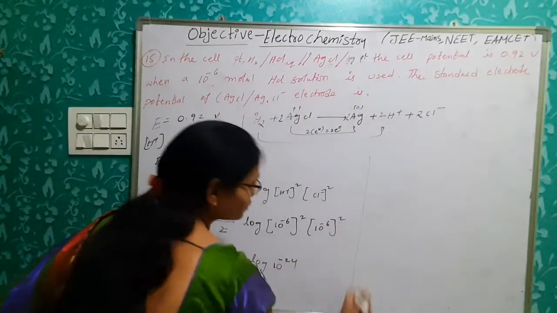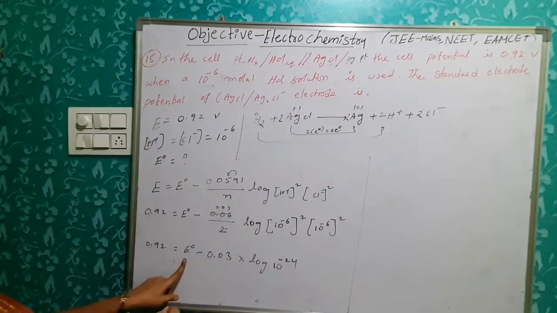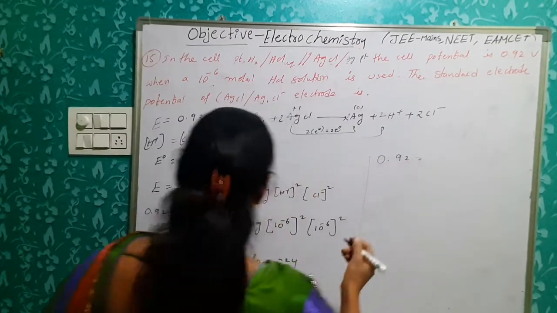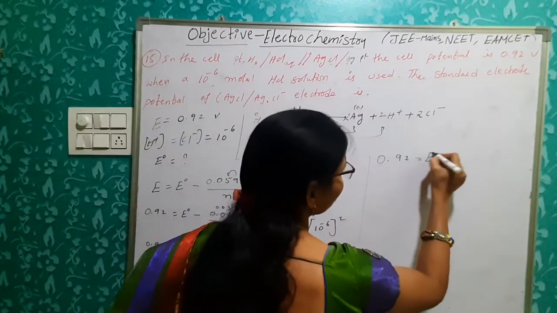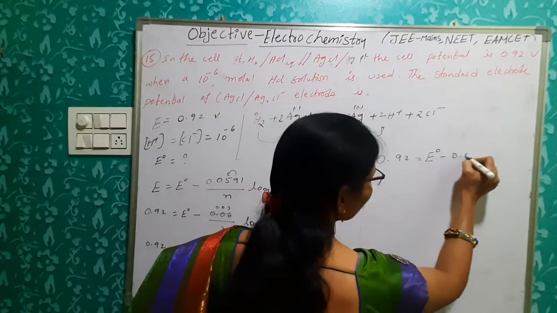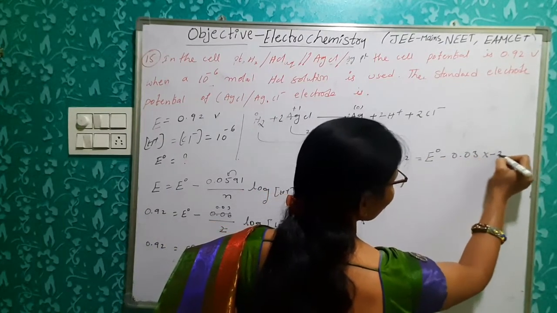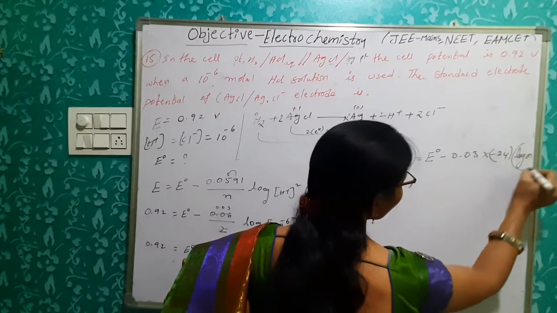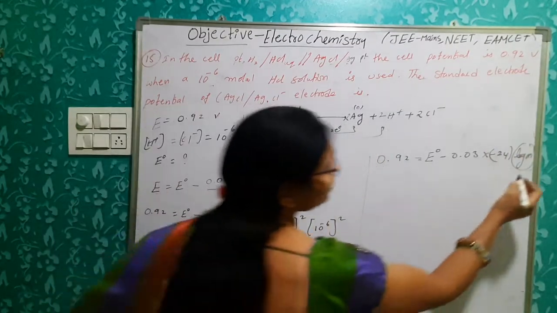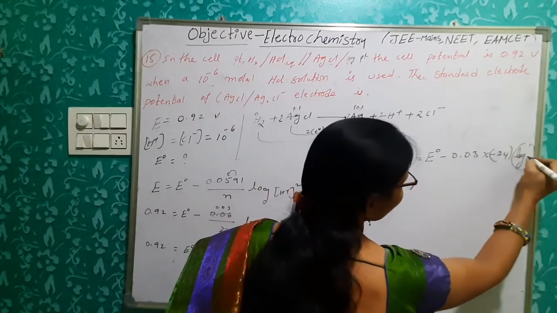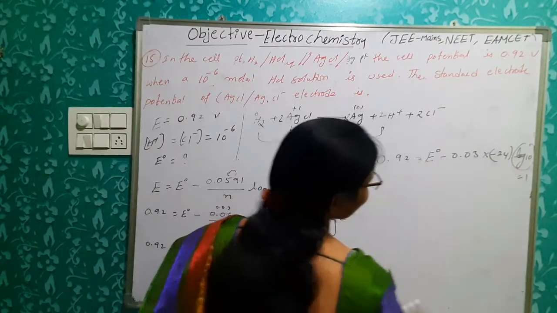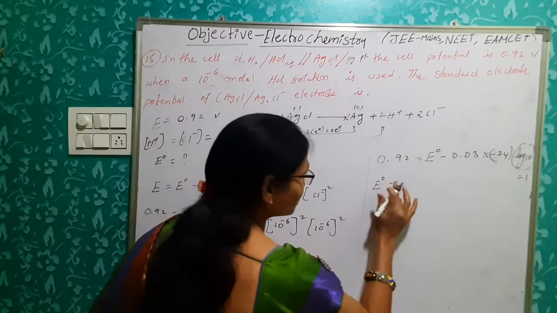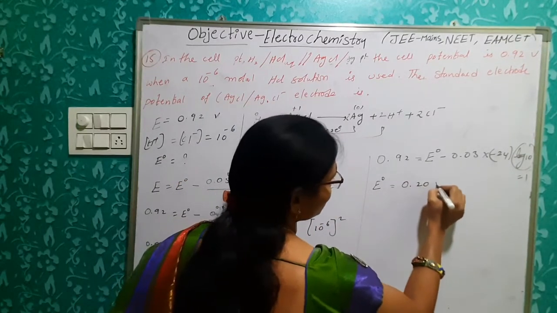So 0.92 is equal to E naught minus 0.03 into minus 24 log to the base 10. Log to the base 10 of 10 is nothing but 1. By calculating these, we get 0.20 volts.